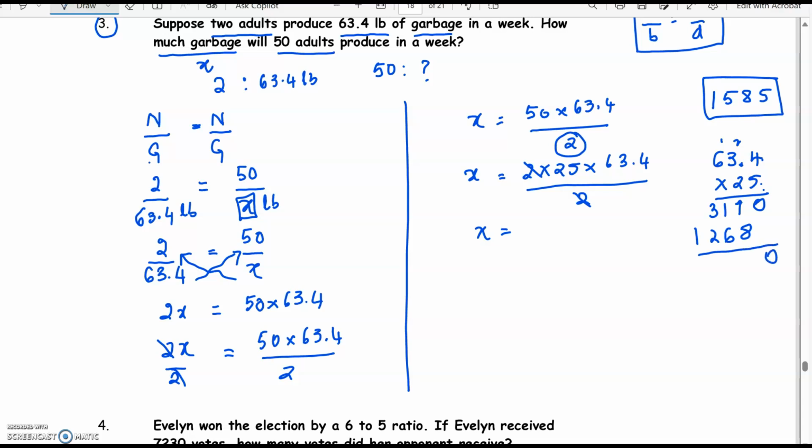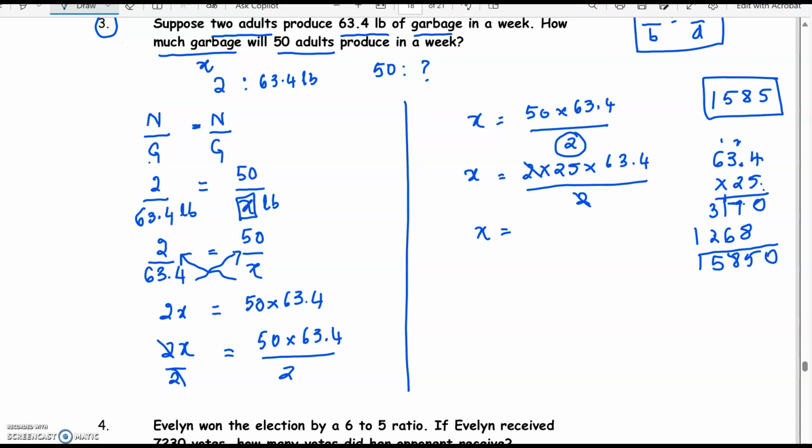So 0, then 7, that's a 7, not a 9. 7 plus 8 is 15. 6 plus 1 plus 1, I carried the 1 over here, so that is 8. And 3 plus 2 is 5, and 1. So what we have is 15850.